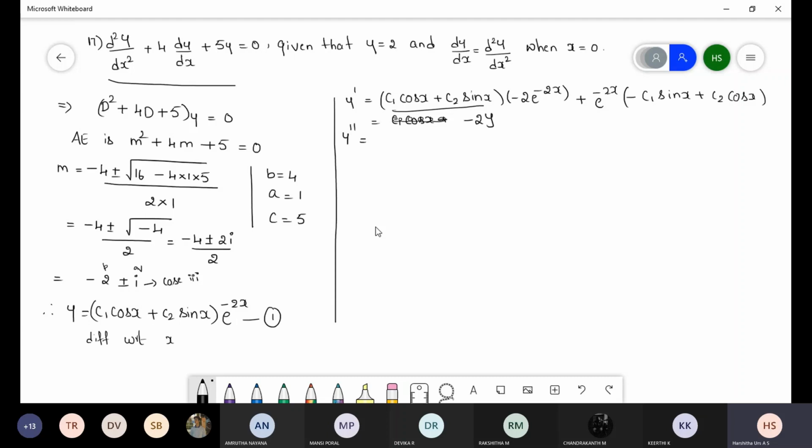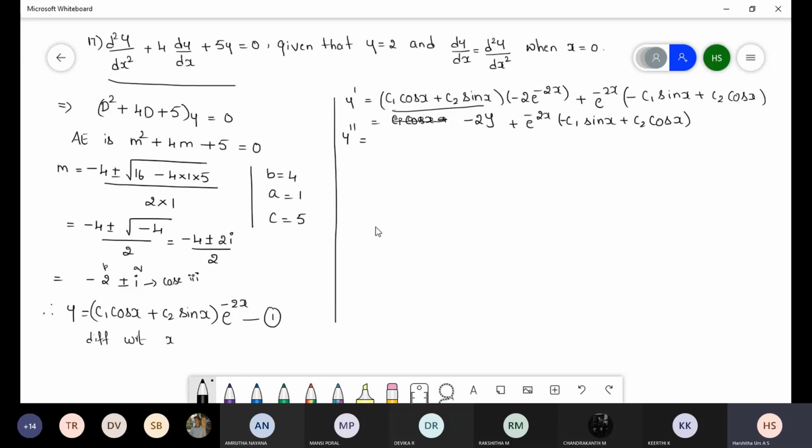So here I write minus 2 as it is, times (C1 cos x plus C2 sin x) into e power minus 2x, which I can write as minus 2y. Here plus e power minus 2x (minus C1 sin x plus C2 cos x). This is the one. Now we have to do the double differentiation.